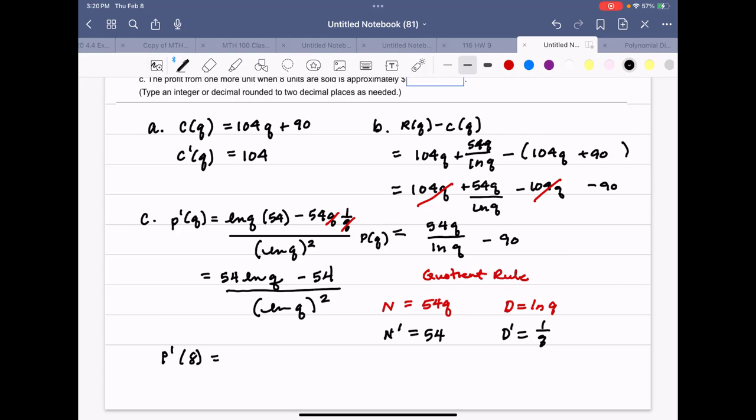So from here on out, it's just calculator. It's 54 times the natural log of 8 minus 54 over the natural log of 8 quantity squared.